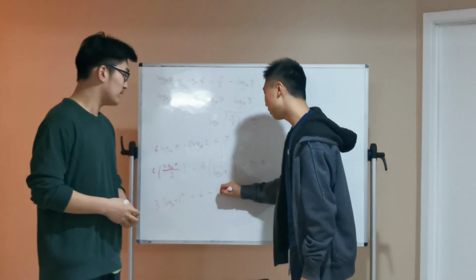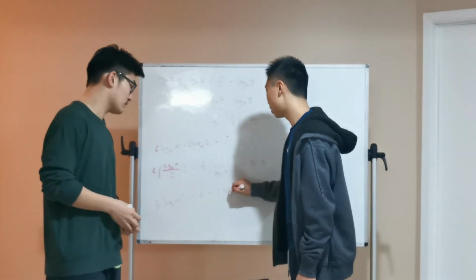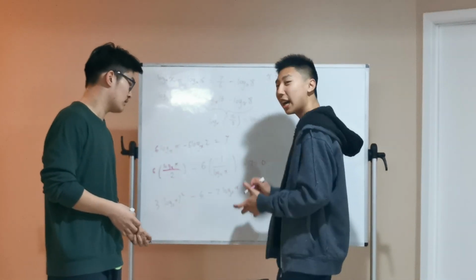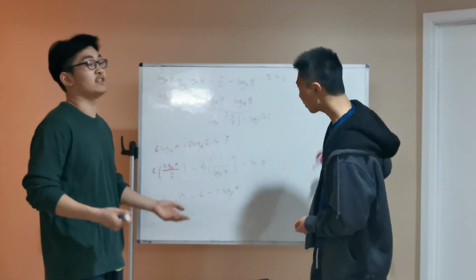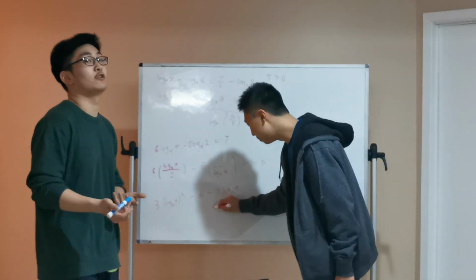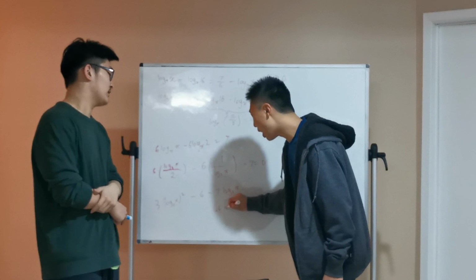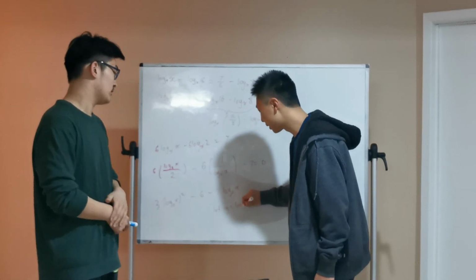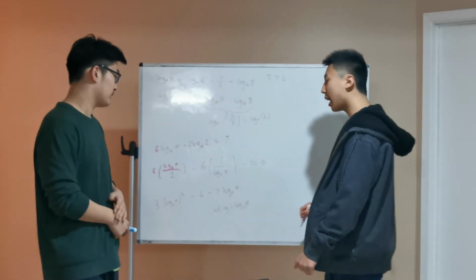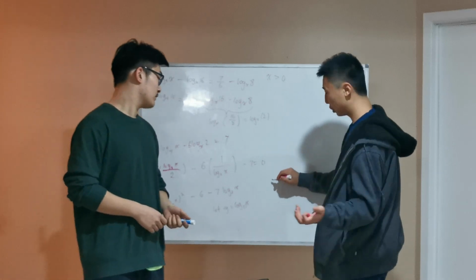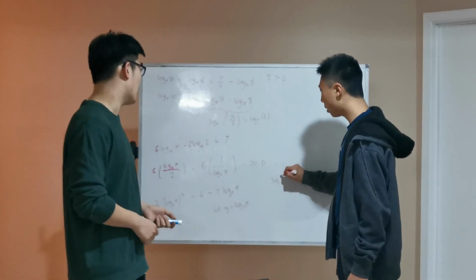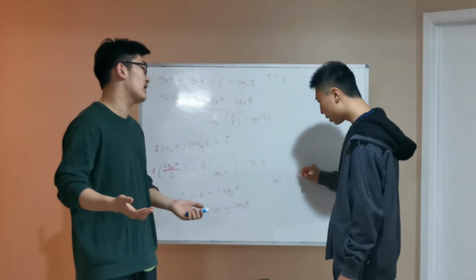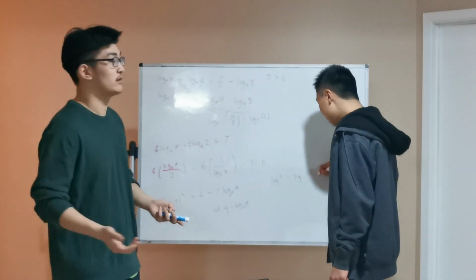And minus 7 log base 2 of x. But now you see that here's a quadratic. It is a quadratic, so let's substitute y for log base 2 of x. So let y equal log base 2 of x. After that, we can just solve the quadratic. So 3y squared minus 7y minus 6 equals 0.